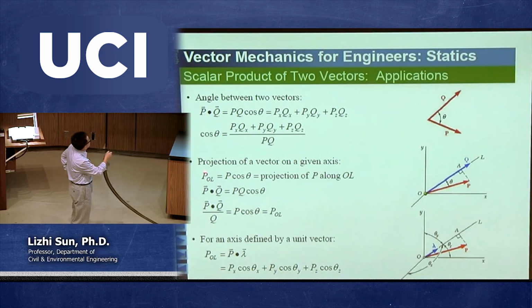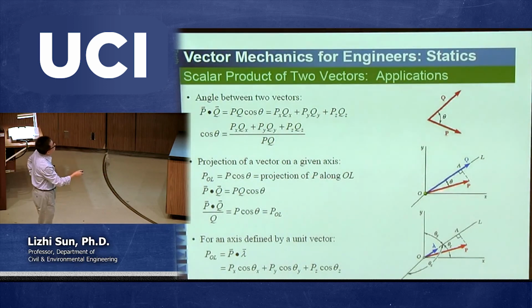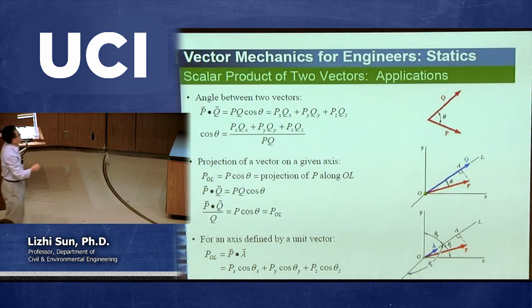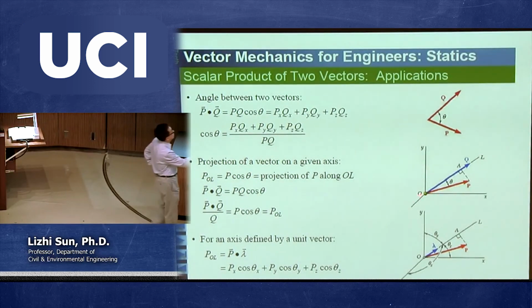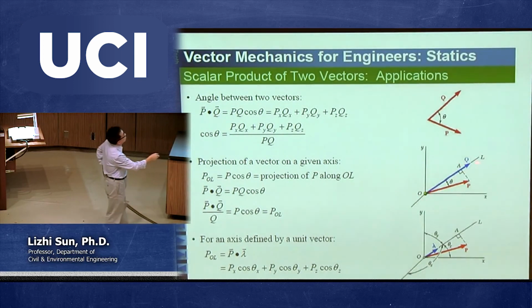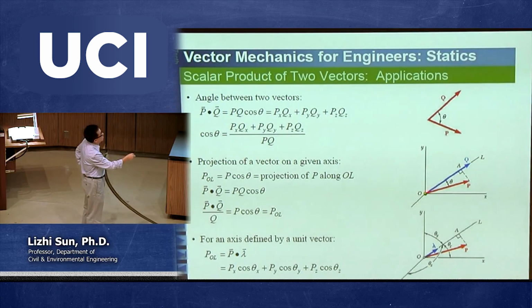And normally we say P_OL, because this OL is that line. It's the projection of vector P along the OL axis. This is the definition. Now, on the other hand, let's say we have a general vector along this OL direction. We call it Q. So Q is another vector along this OL direction.